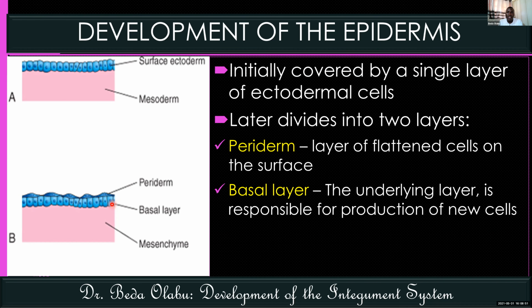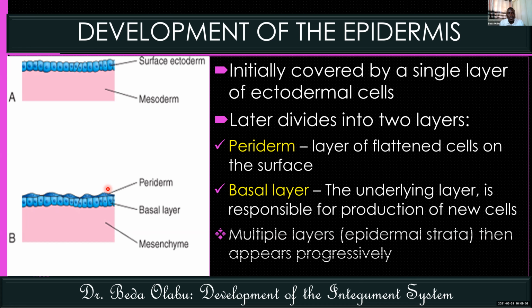This basal layer is responsible for giving rise to the stem cells. Eventually, it is the one that becomes the stratum basale, while the cells which are being formed migrate to go on superficial zones of the epidermis.